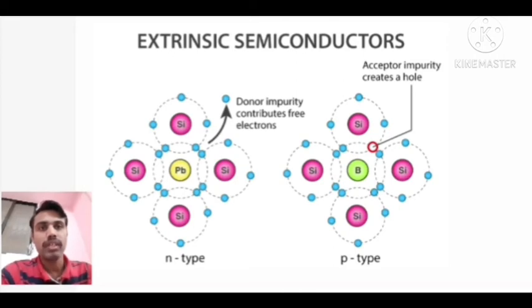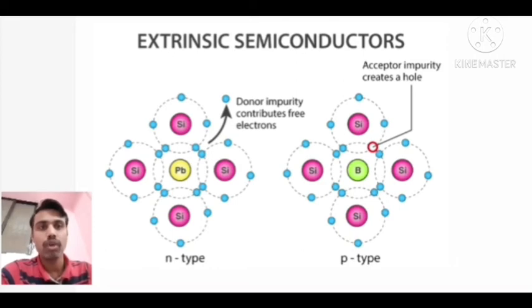So what actually happens here? If we take the example of a pentavalent atom having 5 valence electrons, it will make covalent bonds with neighboring silicon atoms, because silicon is an intrinsic type of semiconductor.